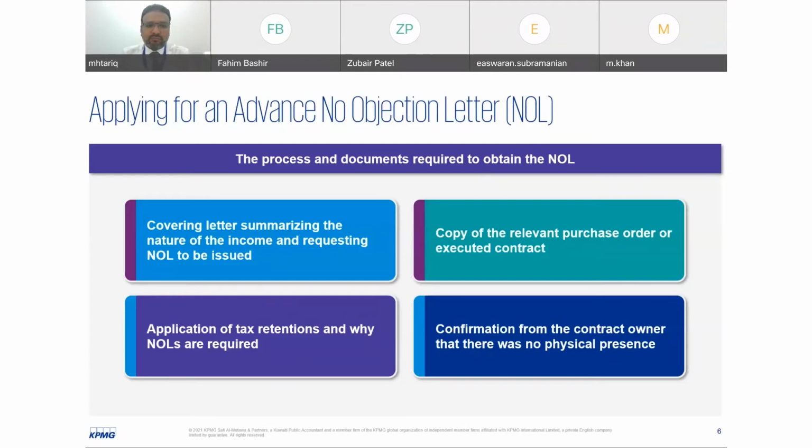And through that process, the tax authority will let you know. Either they issue you the NOL, which affirms that you're not taxable in Kuwait, or they will issue the letter to say, yes, you are taxable, and please go file your return. And we see this obviously in other cases as well.